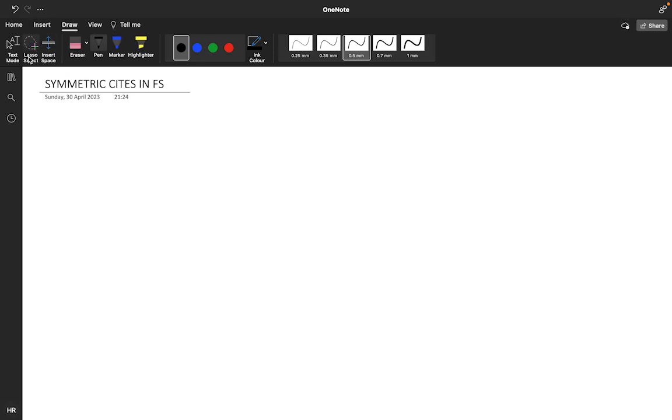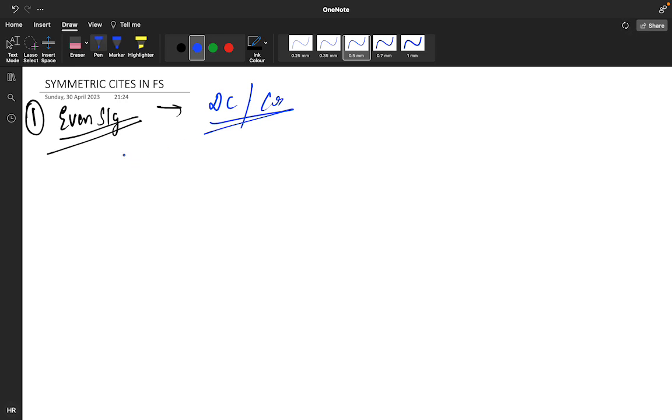See, you have an even signal. So even signal means what kind of things will you get? DC value or cos value. For example, Fourier series expansion, and these things will be used in power electronics, so Fourier series is very important.